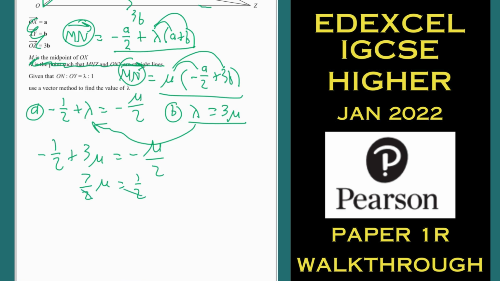As you can see, that makes mu 1/7. It didn't ask for mu, it wants lambda, but that's going to be easy because lambda is 3 lots of mu. But why would you write that when you can just go straight to 3/7?